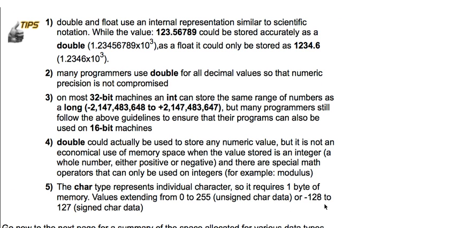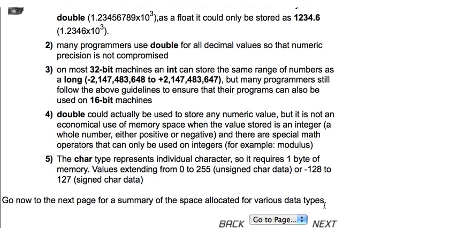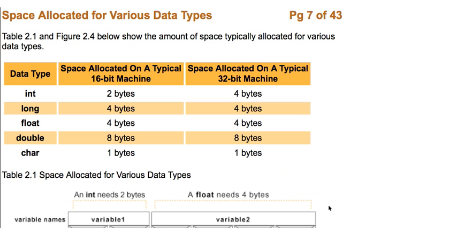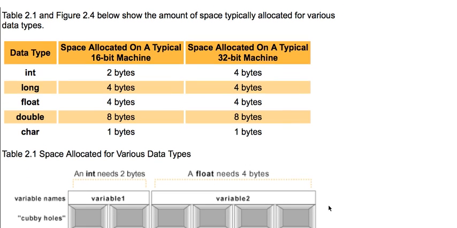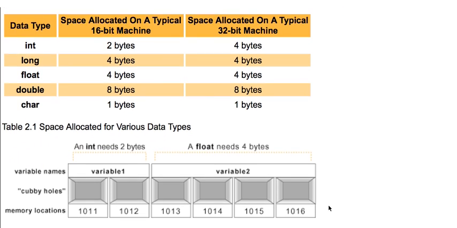Unfortunately, I don't have time to go over this with you in this tutorial. However, feel free to pause and rewind. Table 2.1 and Figure 2.4 below show the amount of space typically allocated for various data types. Please give them a glance. Pause the video here if you'd like to look at them any further.